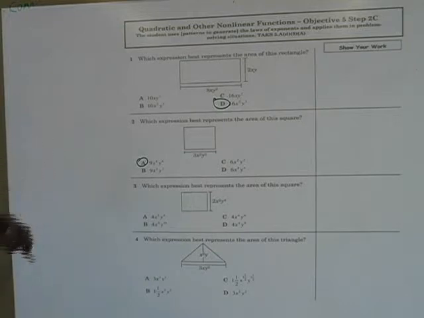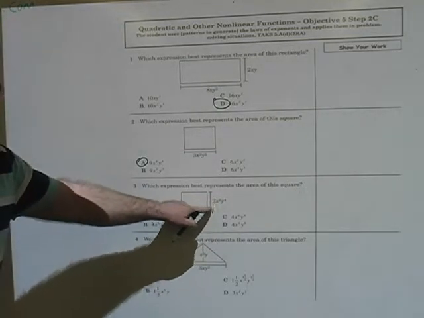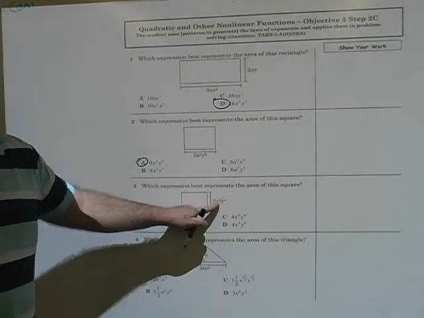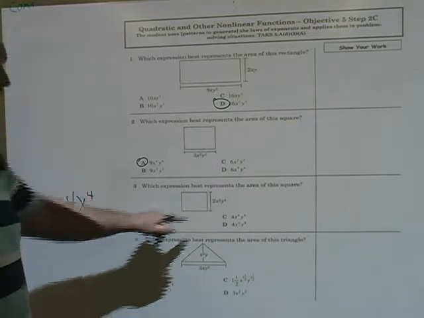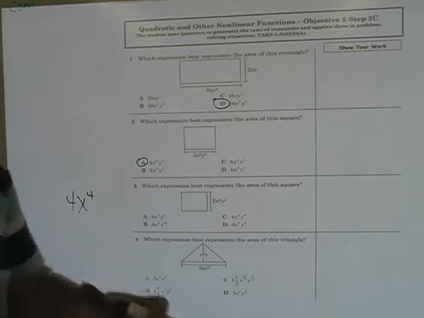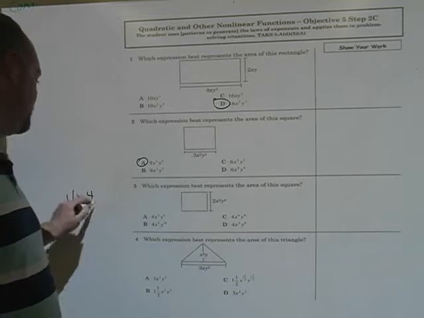Same thing. Length and width are the same. 2 times 2 is 4. x squared times x squared would be x to the fourth. y to the fourth times y to the fourth. Remember, you add exponents. 4 plus 4 would make y to the 8th.